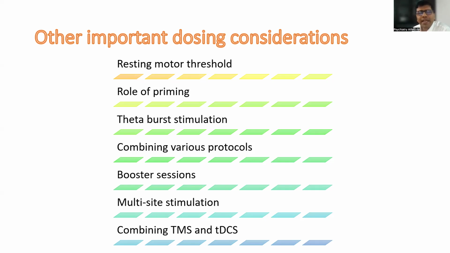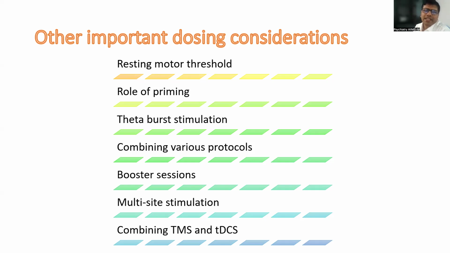So one needs to estimate the resting motor threshold at regular intervals before delivering TMS. If you are doing it for research purposes, it is better to estimate the resting motor threshold on a daily basis. If you are doing it for clinical purposes, maybe every 3 days or once a week, we need to estimate the resting motor threshold.